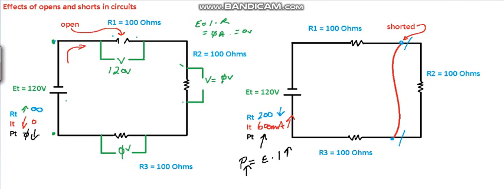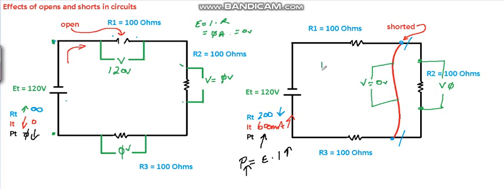Now if we take a look at the voltage across a shorted circuit, if I was to measure the voltage across this shorted portion, I would read 0 volts. There's no current flowing through this area. The reason it equals 0 is because there's no potential difference between these two points.